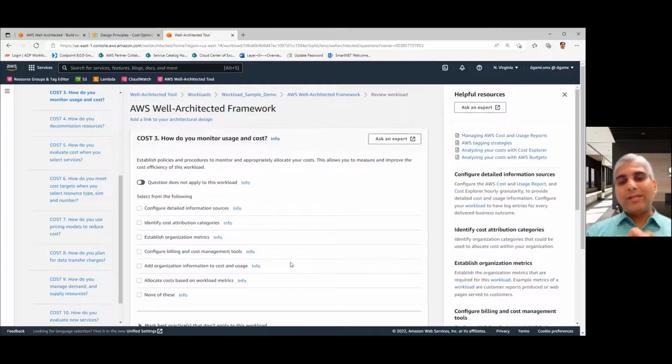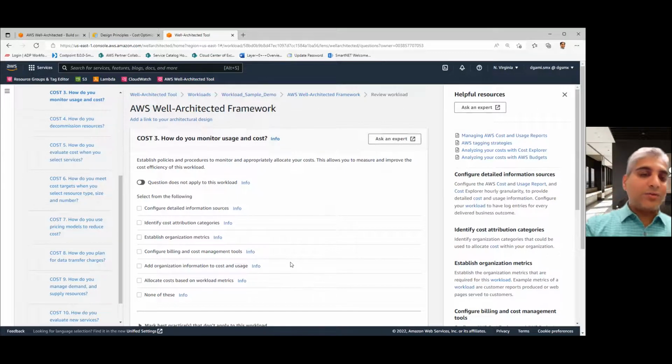So what you would do is take that 20% of the shared services cost, and slice it by 60, 10, and 10. So out of 80, 60 out of 80 goes to team one, 10 out of 80 goes to team two, and 10 out of 80 goes to team three. And so you distribute that 20% shared service cost across those three teams. That's a model by which you can allocate your costs based on those workload metrics.